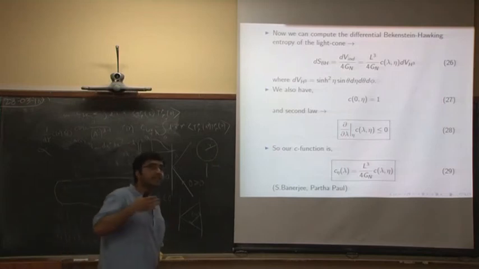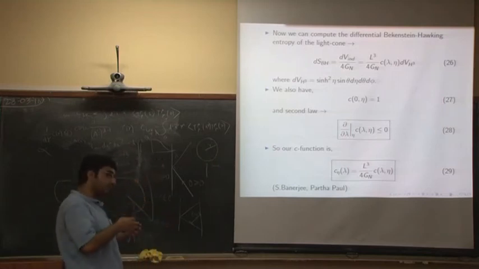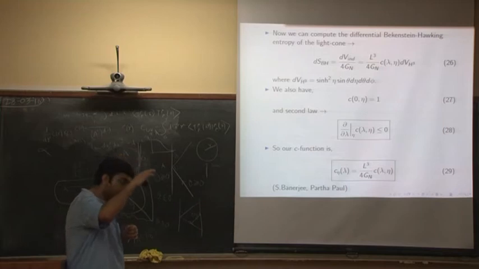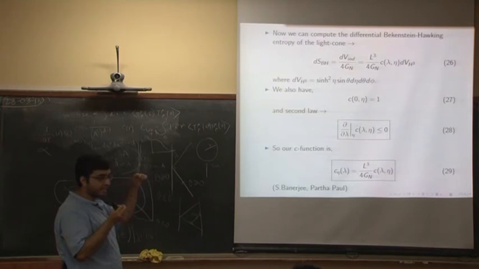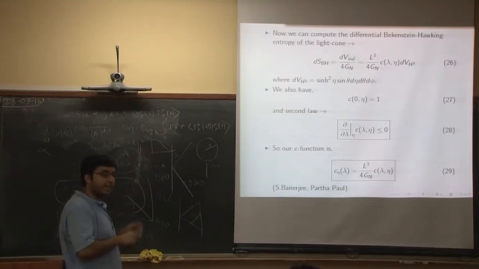Exactly. If you take the future light cone and look at spacelike slices of that light cone, then in pure AdS that spacelike slice is just H3. And this eta is the radial coordinate of that H3.